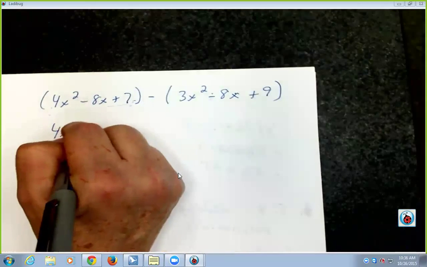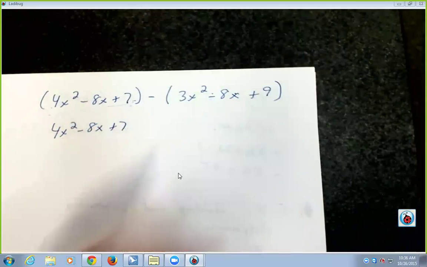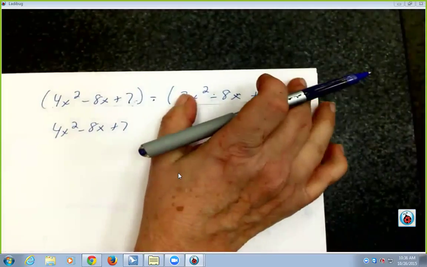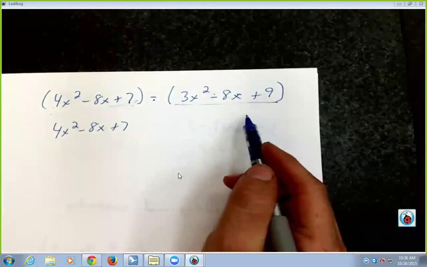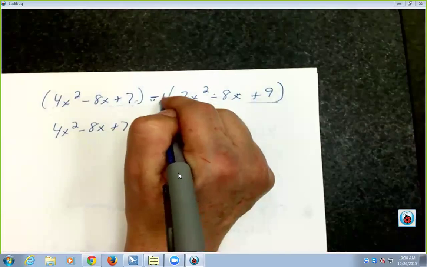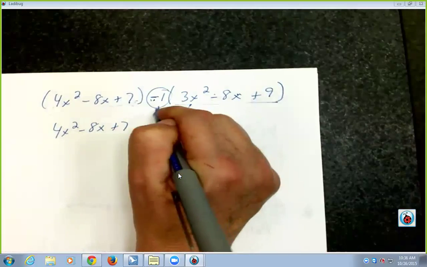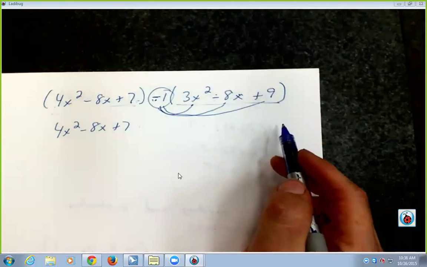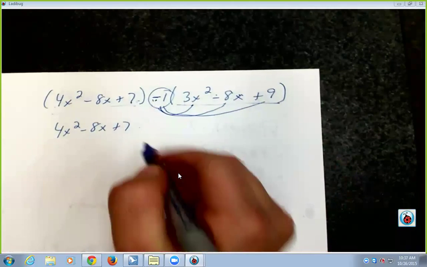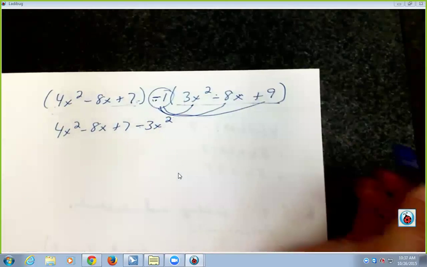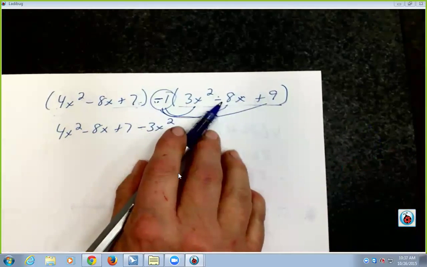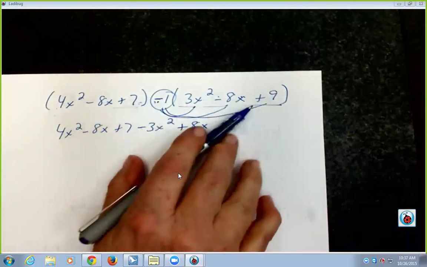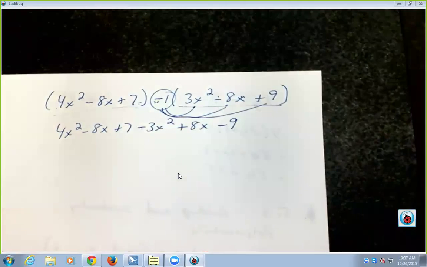So it's going to just be 4x squared minus 8x plus 7. But this piece, because it's being subtracted, I don't want to just take it as it is and write it down here and change it. I want to take this negative 1 that's out here and multiply it by every piece that's in there to get what I'm subtracting. So a negative 1 times a positive 3x squared is a negative 3x squared. Negative 1 times a negative 8x is a positive 8x. Negative 1 times a positive 9 is a negative 9.